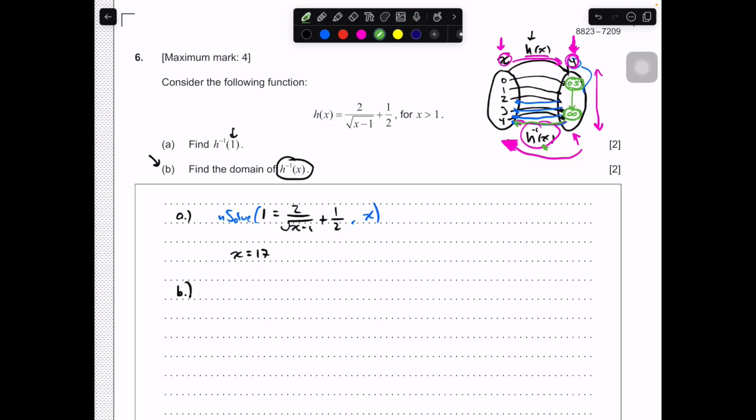So find the domain, that is to say the set of possible inputs for our inverse. Well, in this case, it looks like the domain of H inverse x is greater than 0.5 and less than positive infinity.